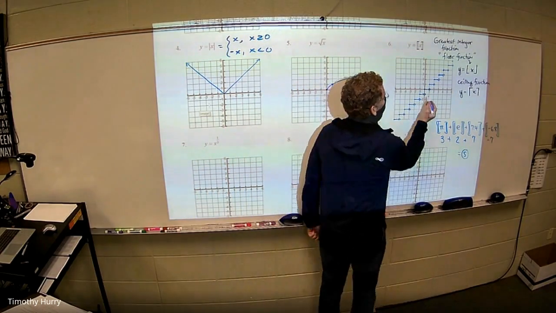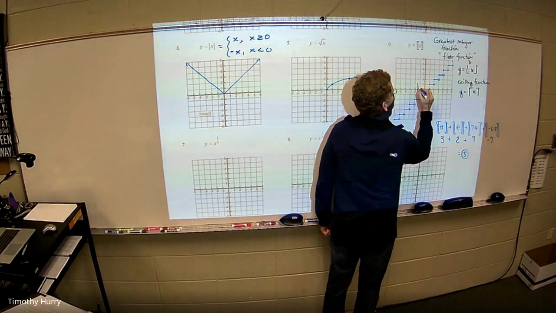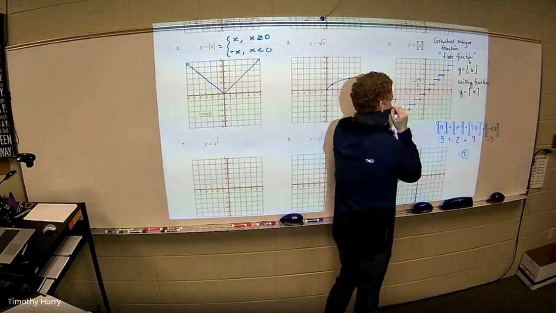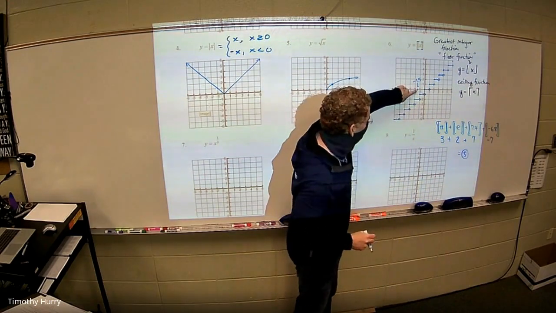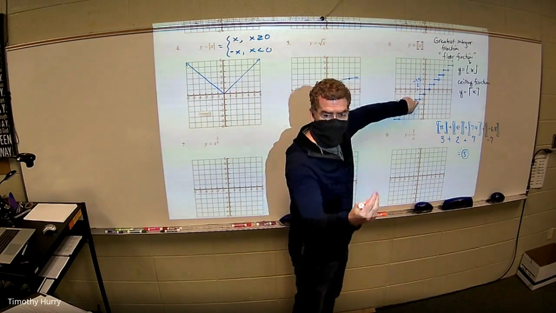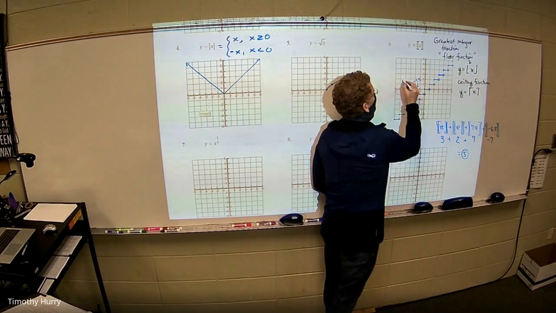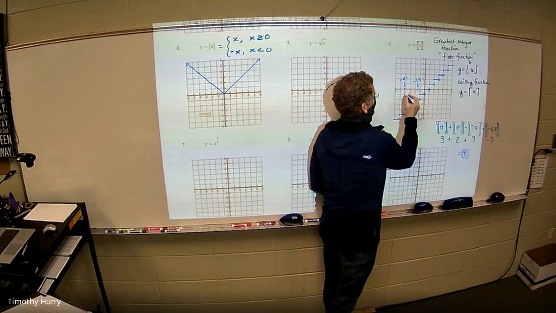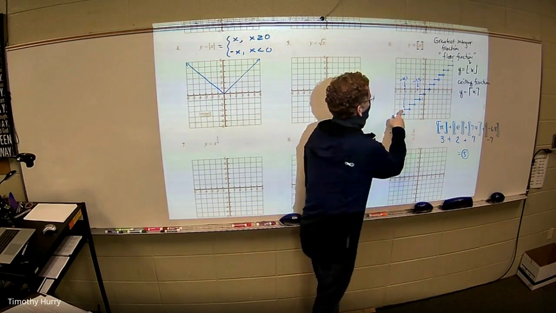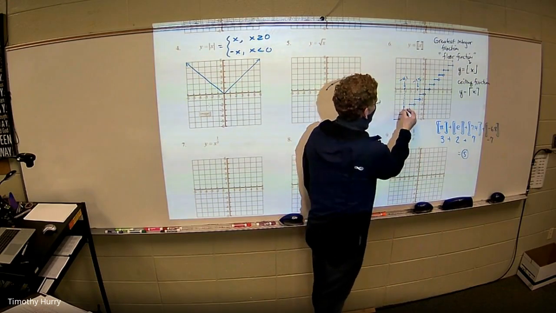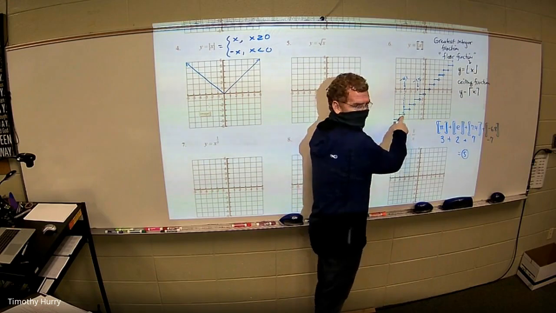And you can see it right here. Look, what happened at negative 1.5? What did I do? I ended up at what? Negative 2, rounded down. Negative 4.1 right here. Negative 4.1, where did I go? Oh, sorry, all the way. Where did I go to? Negative 5.